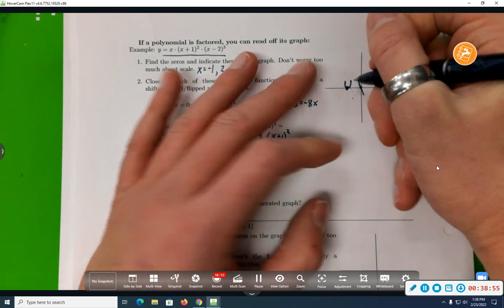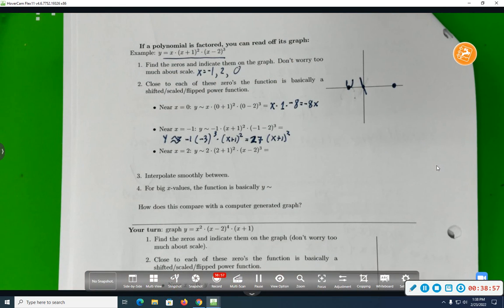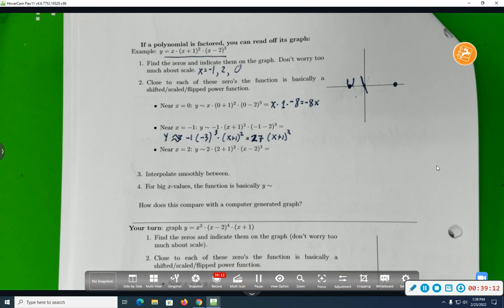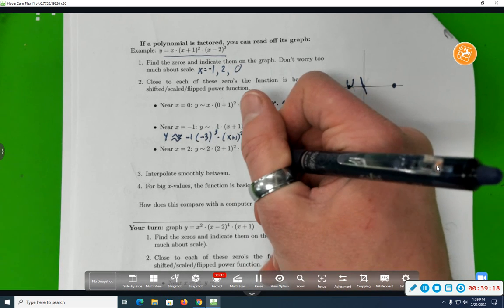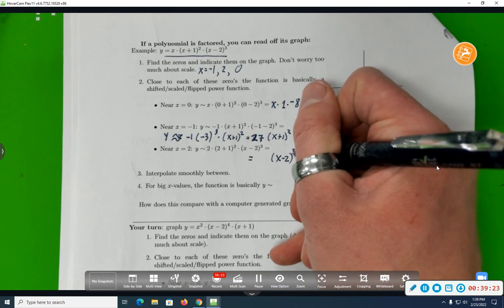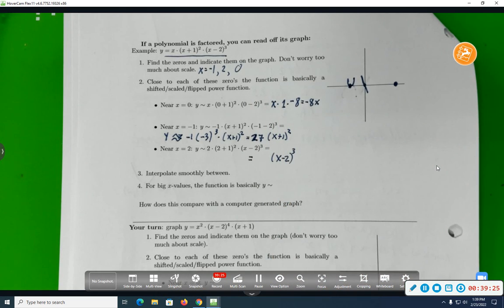So notice, 27 is a pretty big number, so it's a fairly vertically stretched parabola. But I'm not going to try to have any reasonable scale. Close to x equals 2, same thing. What is this pretty close to when x is close to 2? It's close to something times x minus 2 cubed.